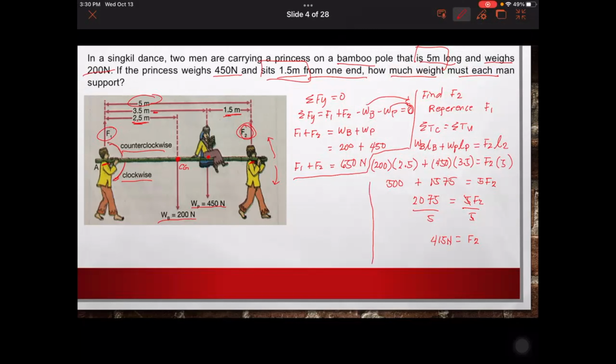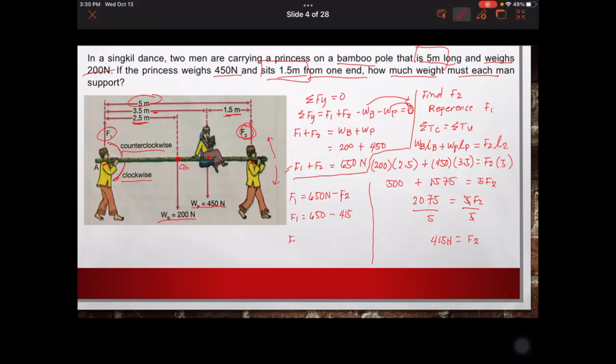So, to get that, gamitin natin to, yung F1 plus F2. So, magkakaroon tayo dito ng F1 is equal to 650 Newton minus F2. So, transpose lang natin yung F2. So, magkakaroon tayo dito ng F1 is equal to 650 minus 415.